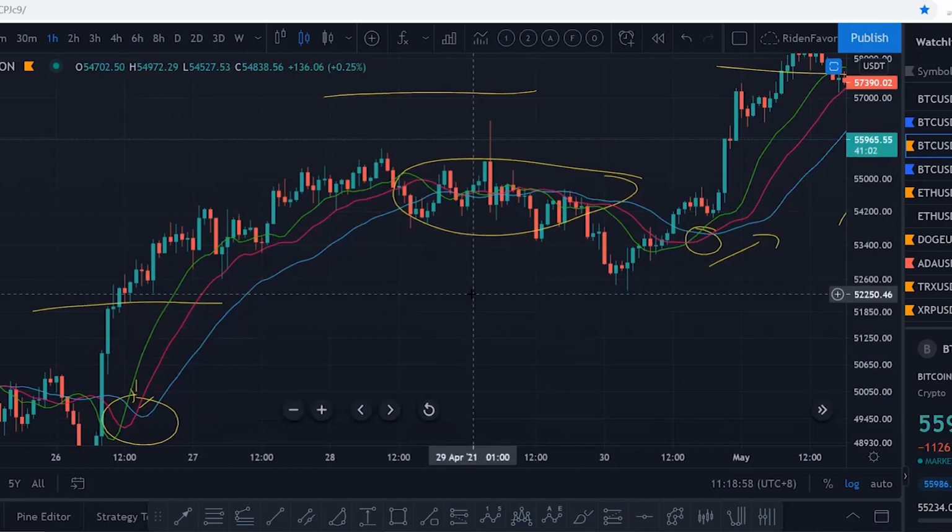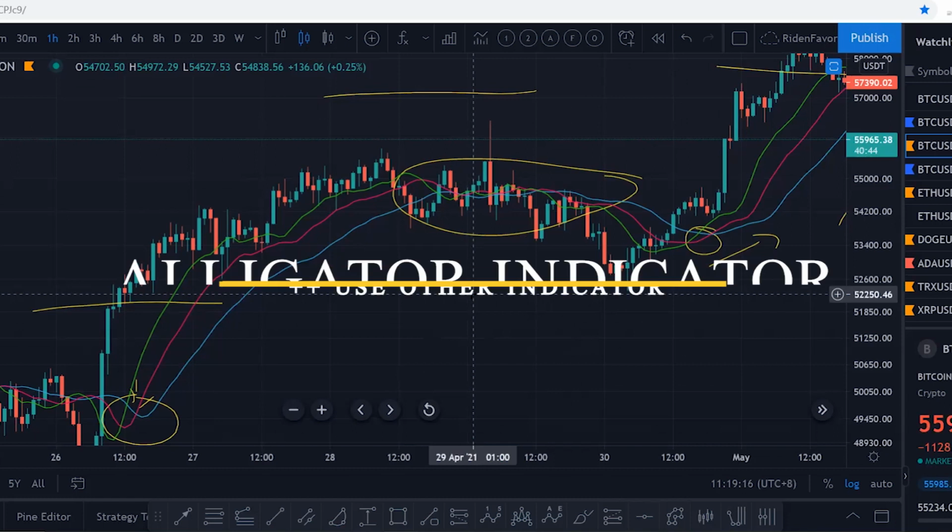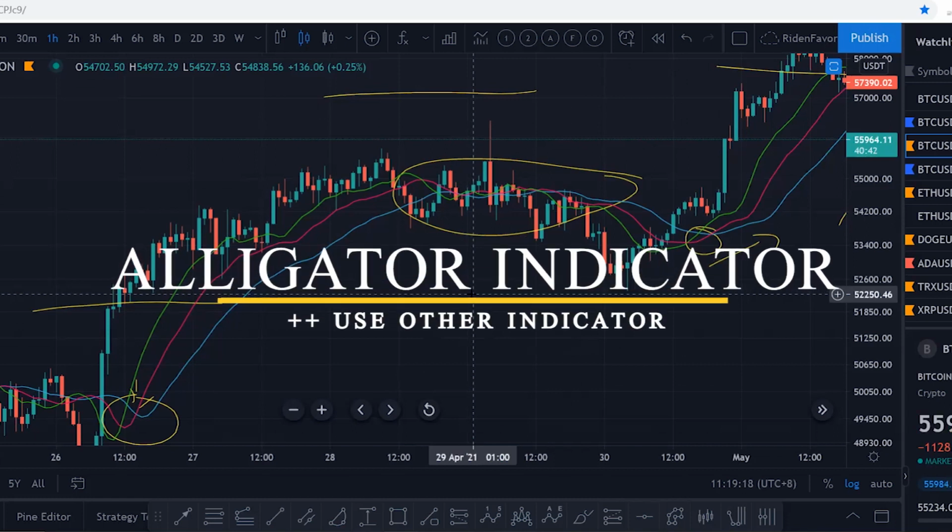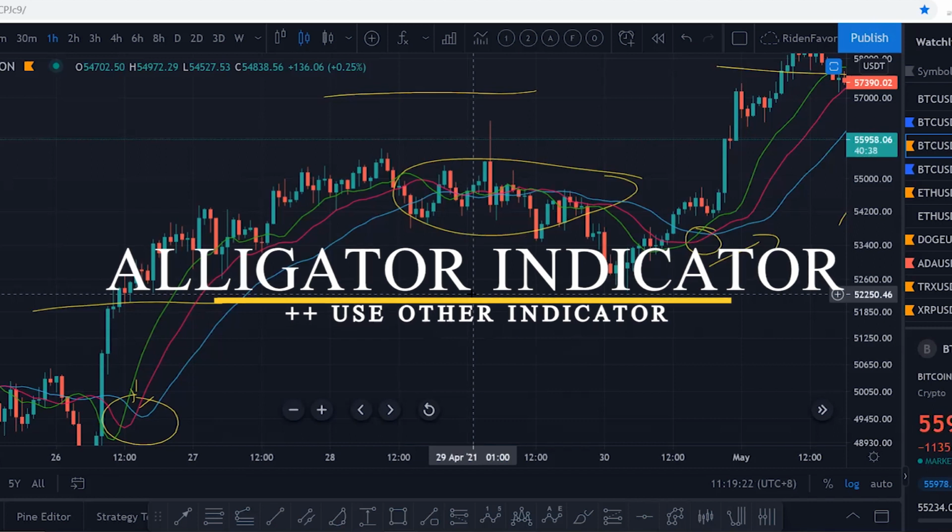You can use this as a replacement for your moving averages 50 and 100 to see the market trend. But definitely, I don't suggest you use the alligator indicator with other moving averages. It will be too complicated for you. Better to use another oscillator with the alligator indicator.